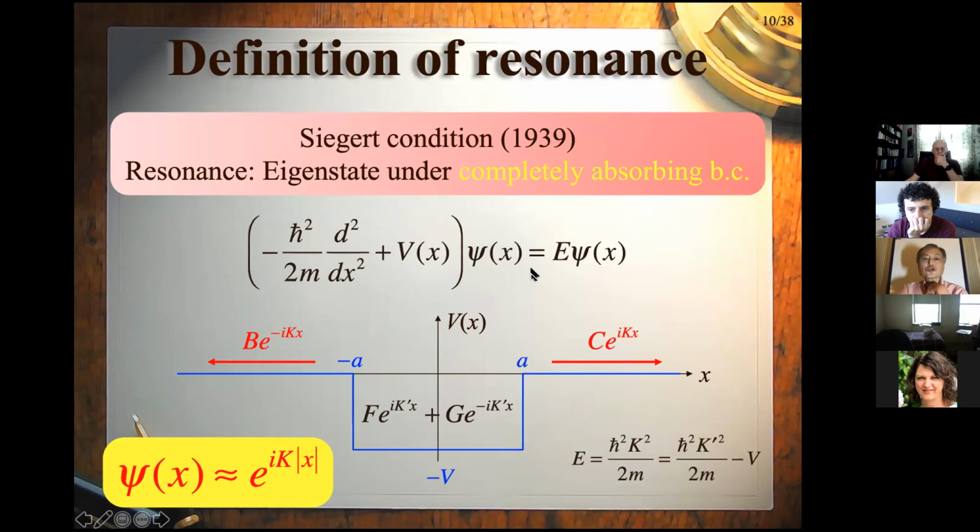Suppose you solve this Schrödinger equation with a standard potential and these boundary conditions, which I typically write in this way.